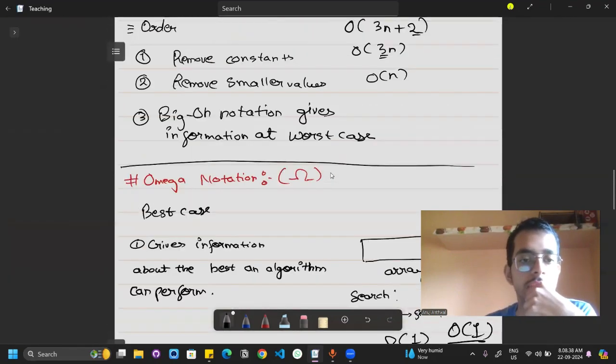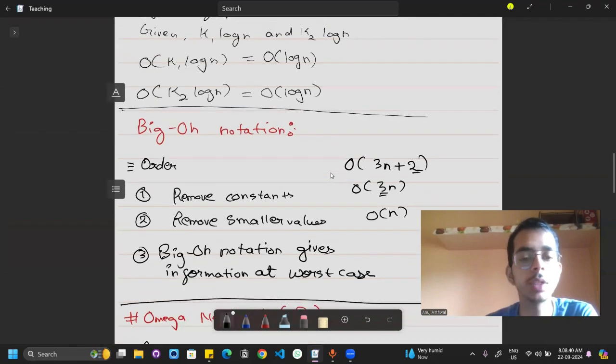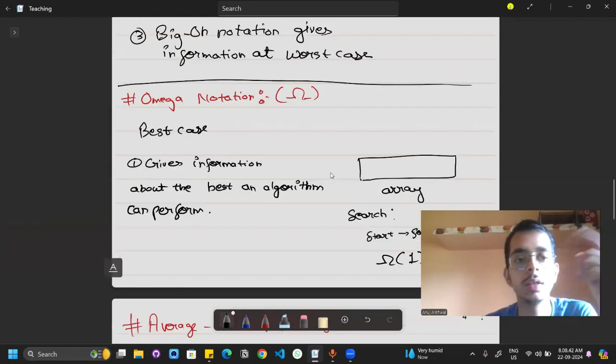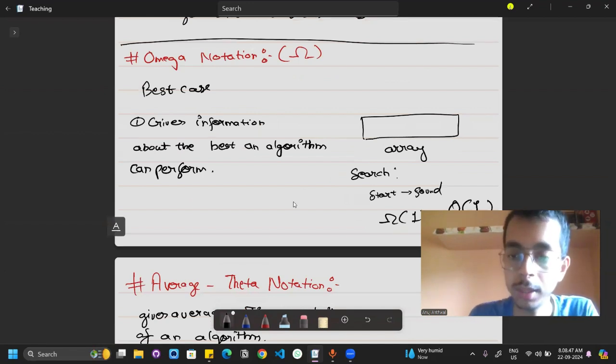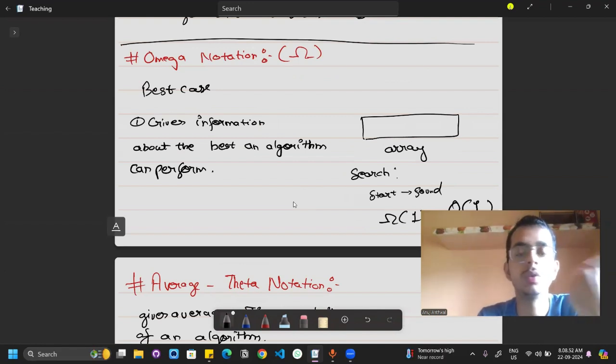So this was the thing. Most important is the Big O notation. The omega notation is not used much, because when you make a program, you are not going to make it in the sense that it always has the best case.